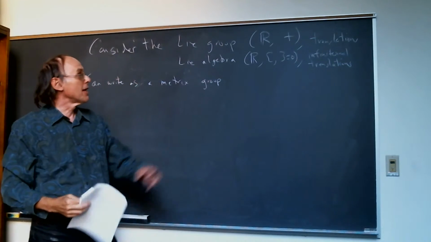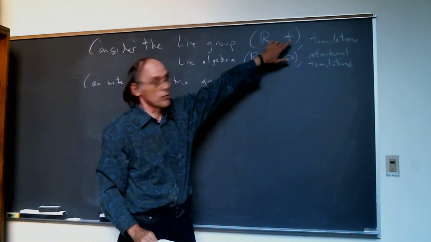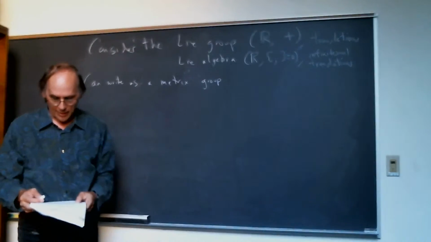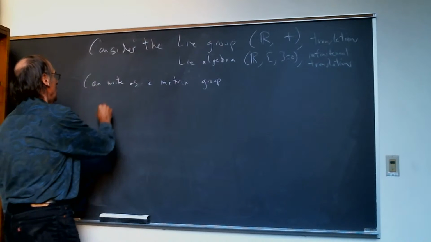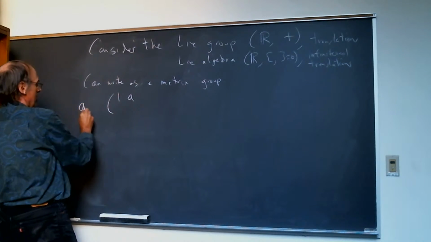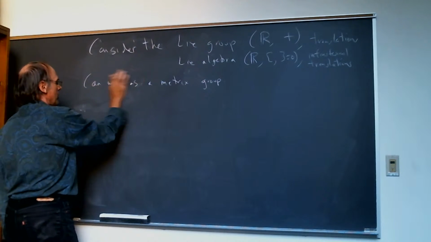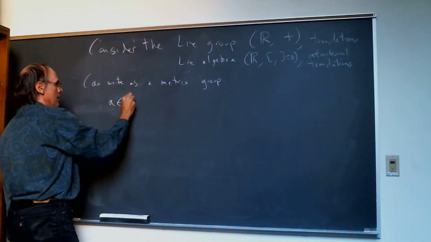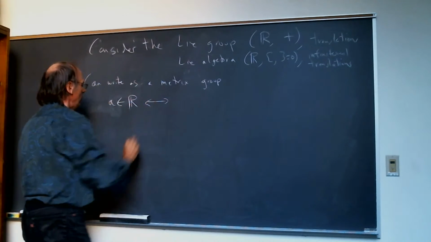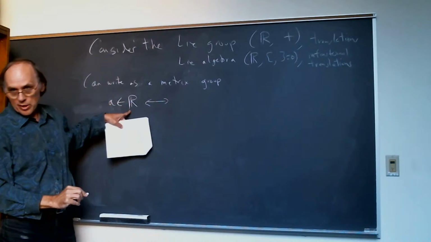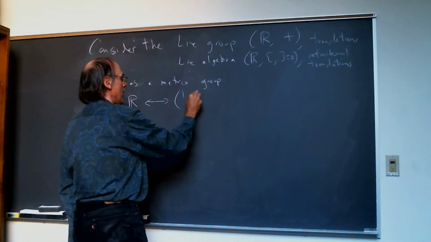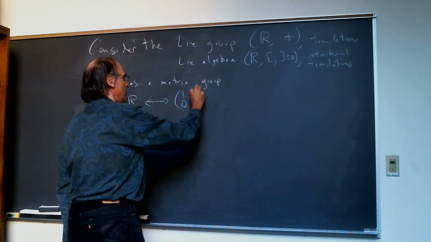So instead of thinking of R with the additive group law, for A some real number, you can instead write it as a 2 by 2 real matrix with rows (1, A) and (0, 1).